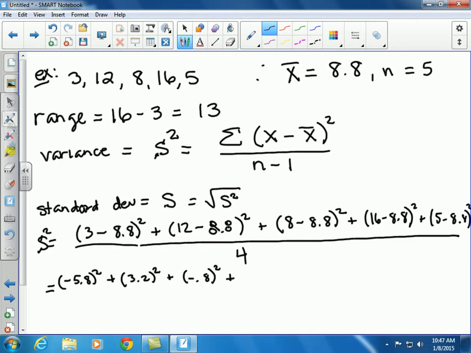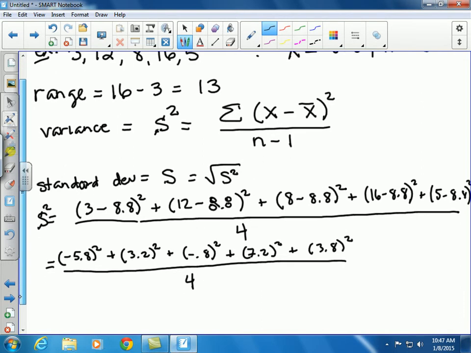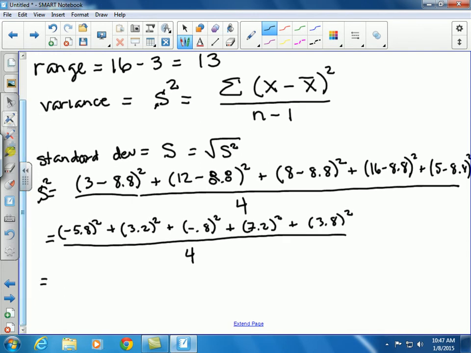And if we take 16, we get 7.2. And then if we do the 5, we get 3.8 squared, all over 4. Notice that all values inside the variance will always be positive. That's why we're squaring everything.